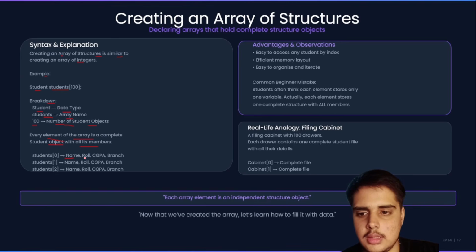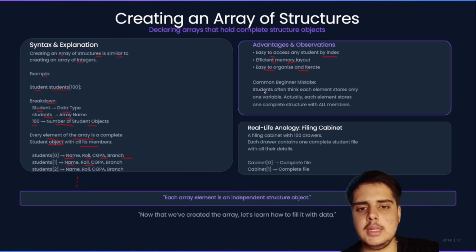Student 0 has name, roll number, CGPA, branch; 1 has name, roll, CGPA, branch; 2 is the same, 3 and so on. Advantages and observations: it is easy to access any student by index, has an efficient memory layout, and is easy to organize and iterate.